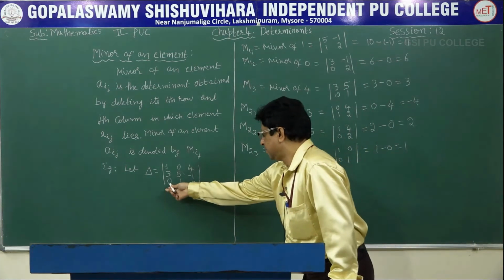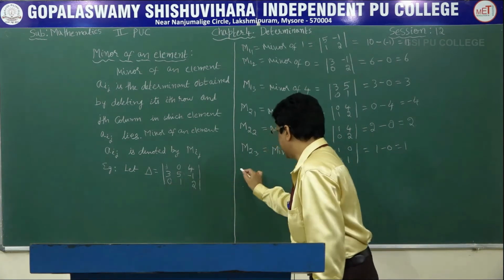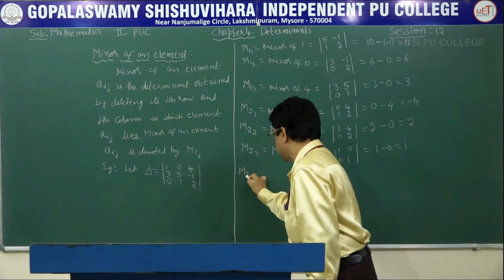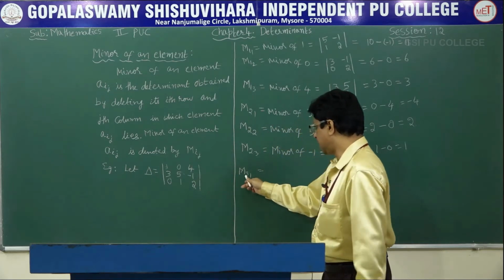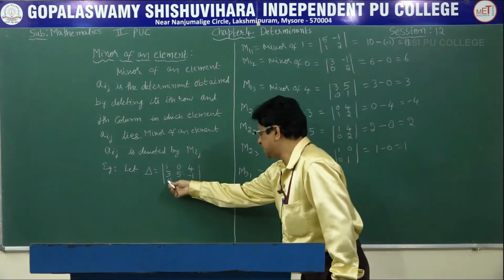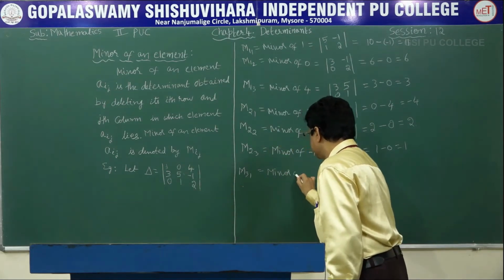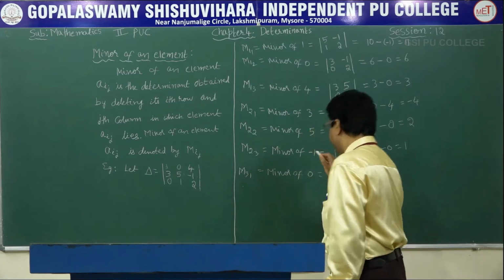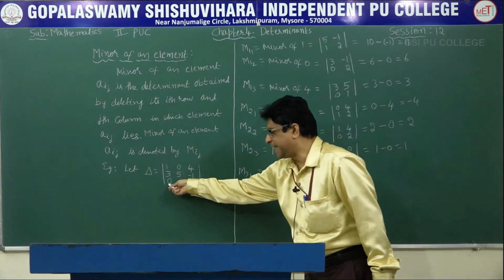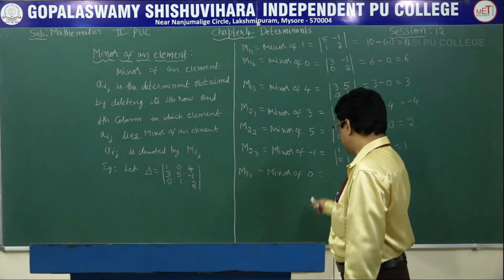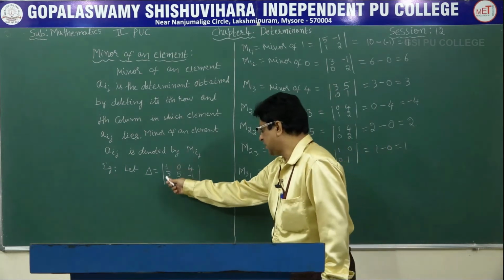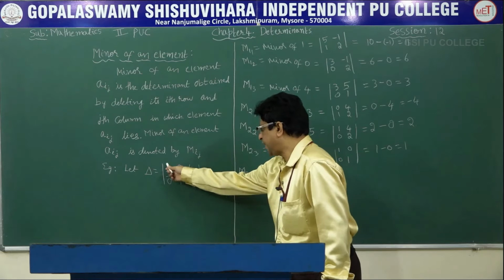Next, we find the minor of 0, that is M31. That means third row first column, that is 0. We are finding the minor of 0. So 0 lies in the third row first column.